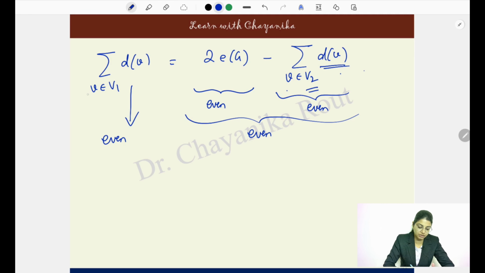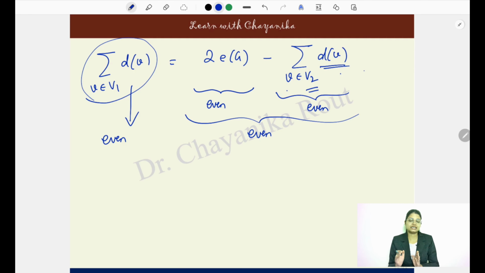Now, visualize what this quantity is actually all about. This is the summation of the degrees of all the odd vertices in the graph. Capital V1 is the set of all odd vertices. Those odd vertices all have odd degrees, and those degrees are being added here. So this is basically taking the sum of some odd integers, but the resultant sum is coming out as even.